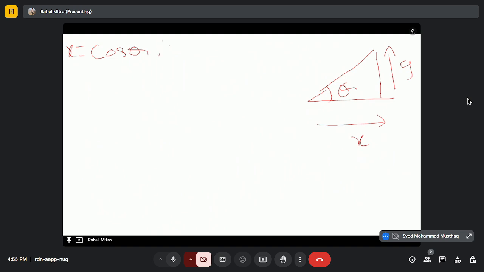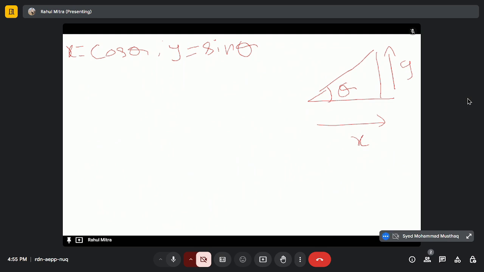Let me draw that diagram again. This is my x, this is my y, this is theta. So x will be cos theta times 1, which is cos theta, and y is sin theta times 1, which is sin theta.